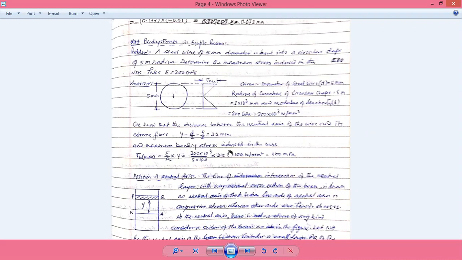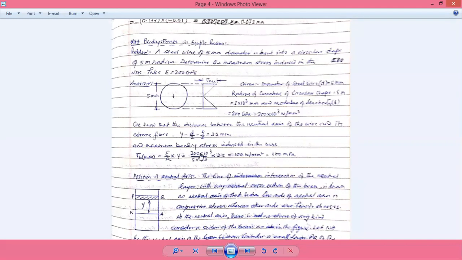So the maximum bending stress induced in this case is given by sigma max by y equal to E by R. E is 200 into 10 to the power 3, because 200 GPa, if you multiply it by 1000, becomes Newton per millimeter square.